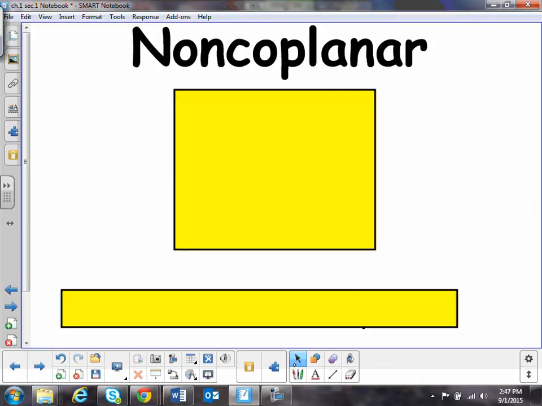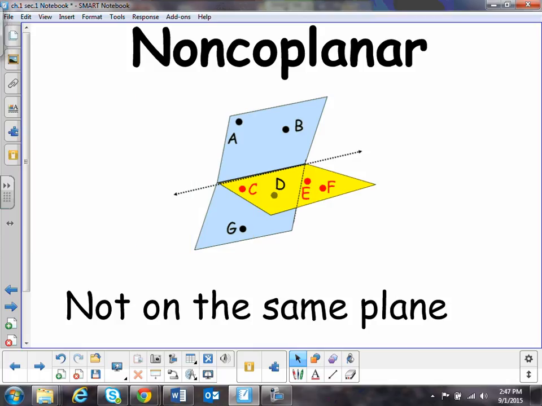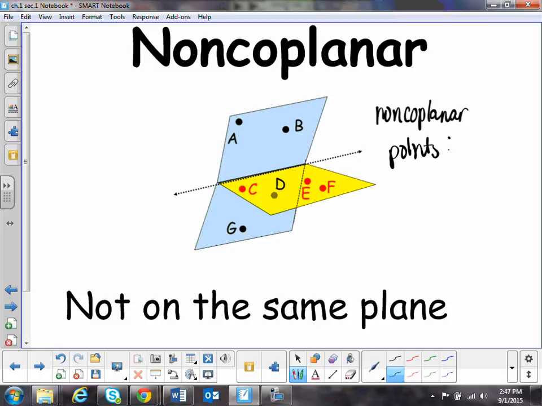Non-coplanar means not on the same plane. So working with that same picture, let's name one set of non-coplanar points, meaning not on the same plane.